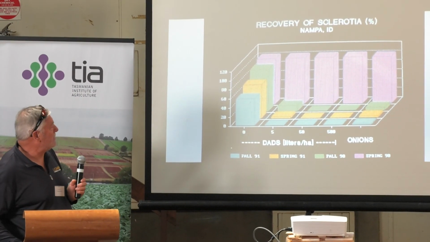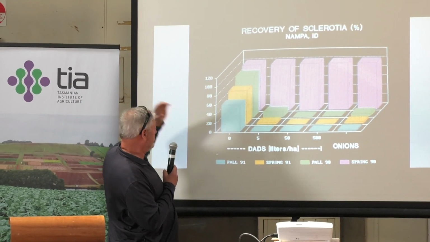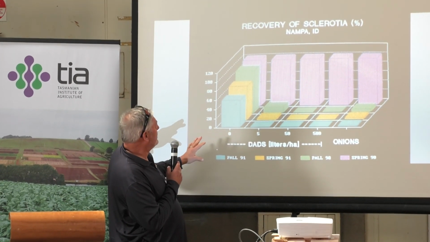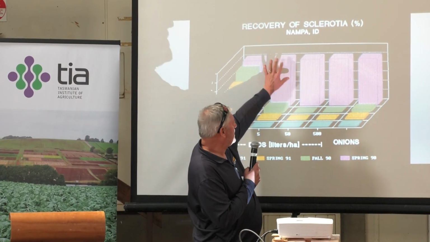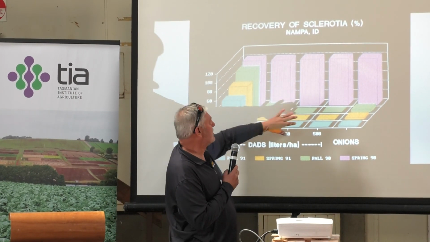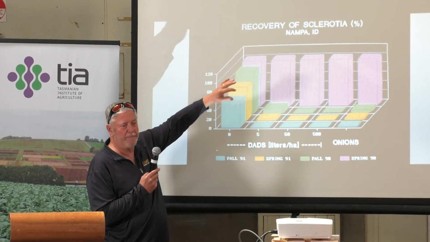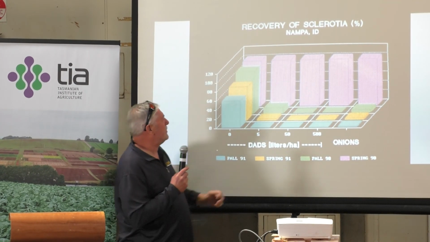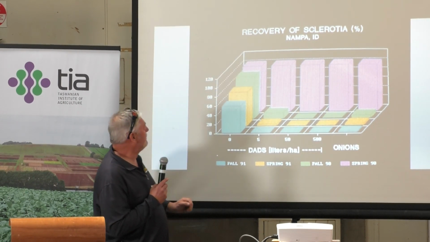Now, this is some old DADS data from the early 90s that we did. The thing I really want to show you, two things, I guess, is that DADS worked. We got rid of most of the sclerotia by applying it. These are based on inoculum densities transformed into percentages plot by plot, which is kind of ugly data, but it looks good when you transform it to 100%.